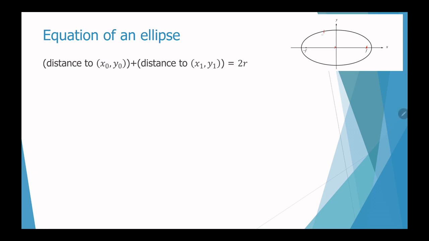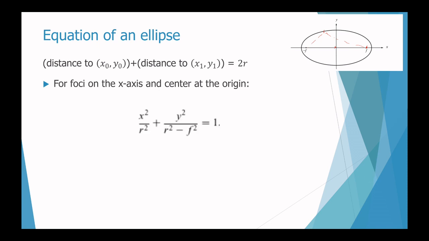So this distance, say from here to, I don't know, here, and from here to here, right? That's equal to 2r, and that's going to be constant all the way around the thing. For the foci on the x-axis, center at the origin, as I said, we have this.